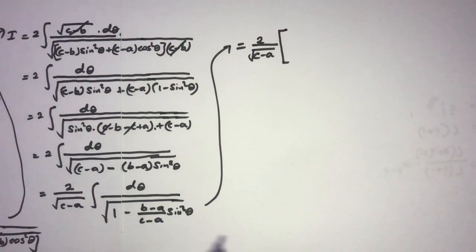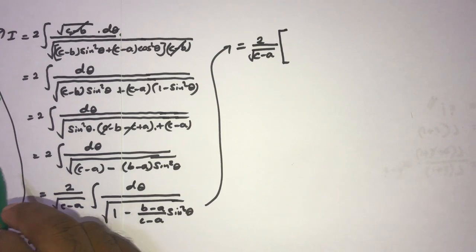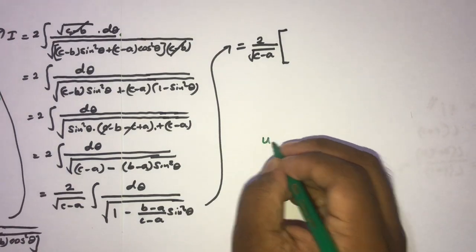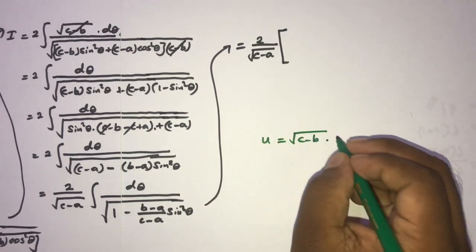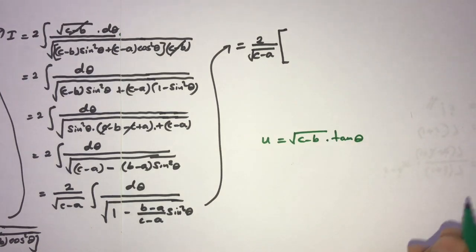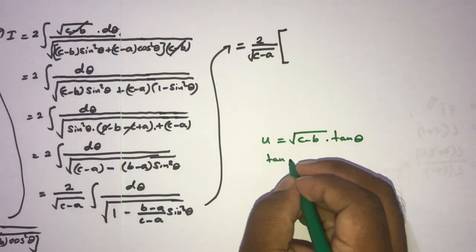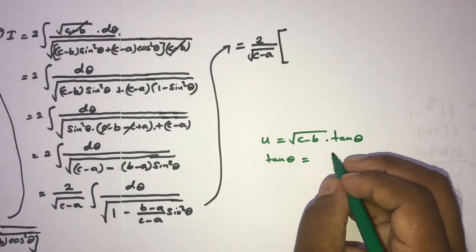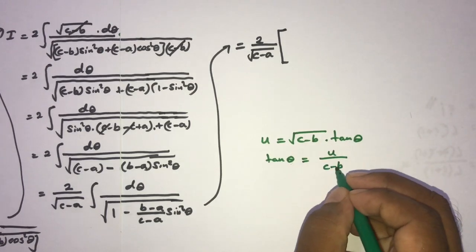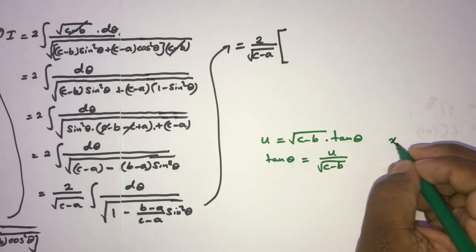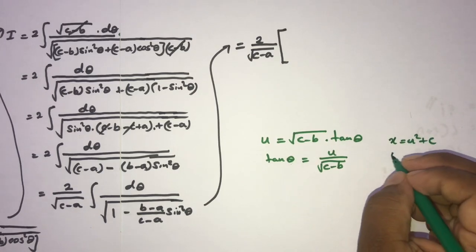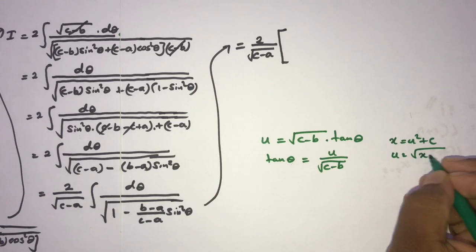Now we should consider the limit, so we know our second substitution, u is equal to the square root of c minus b times tan of theta. So we can isolate the tan of theta. Tan of theta is equal to u over the square root of c minus b, and for our first substitution we know x is equal to u square plus c, so u is equal to the square root of x minus c.